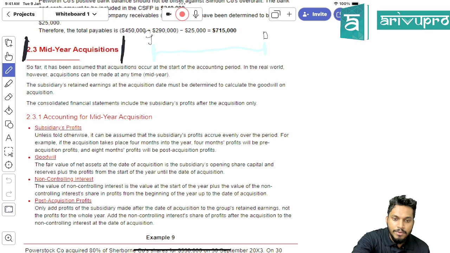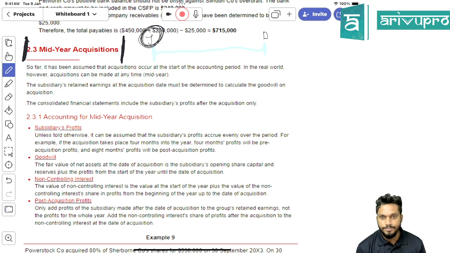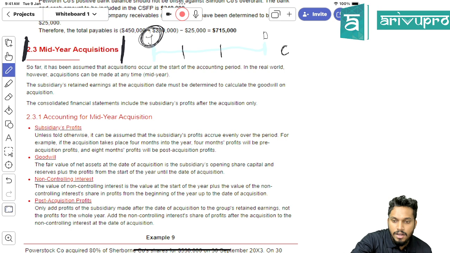All our acquisitions or investments so far were in January. So mid-year acquisitions means, what if we purchased after 3 months? What if we purchased after 6 months? How are we going to consolidate our statement of financial position?